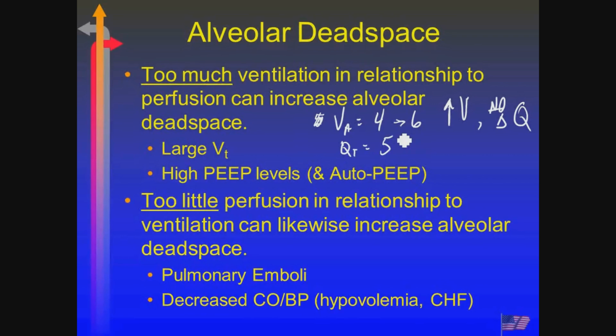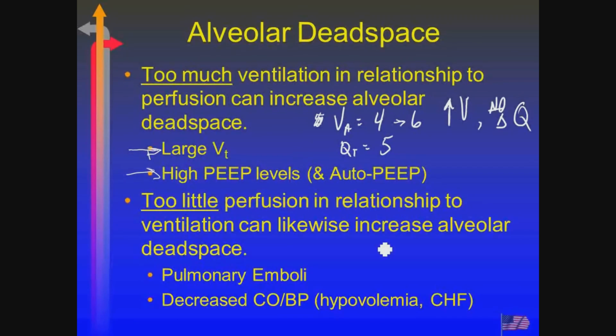VQ goes up. You'll see this when you have large tidal volumes. You'll also see it when you have high PEEP levels. And that really is less having to do with ventilation as it is impeding perfusion, as in the second example.